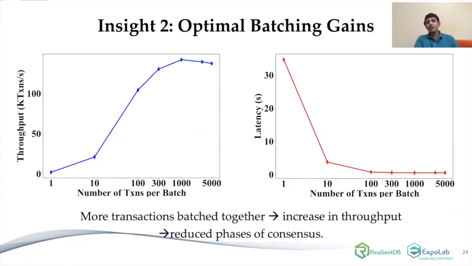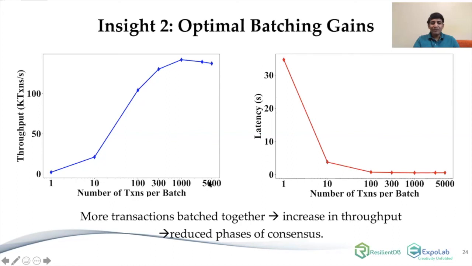Now, another of our insights was, how does batching affect the system? There have been some works which have said that batching is not very important. Maybe we can streamline all the requests one after another. And then there are some works which say we should have an extensive amount of batching. So what we study in this experiment is what the optimal batching is.